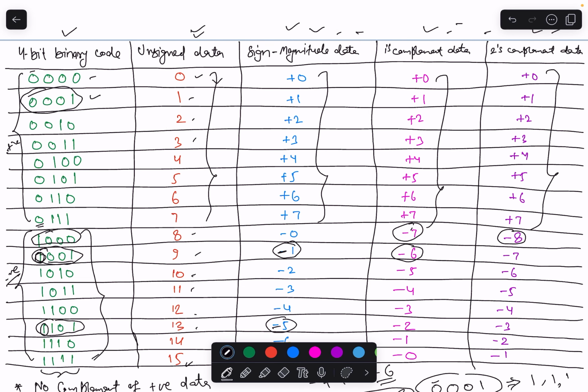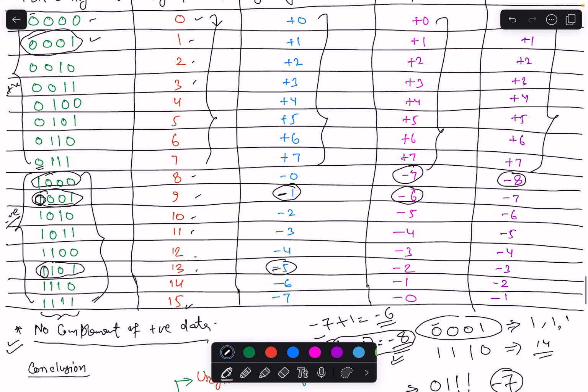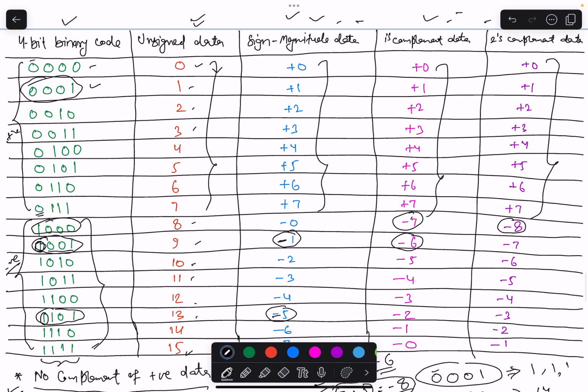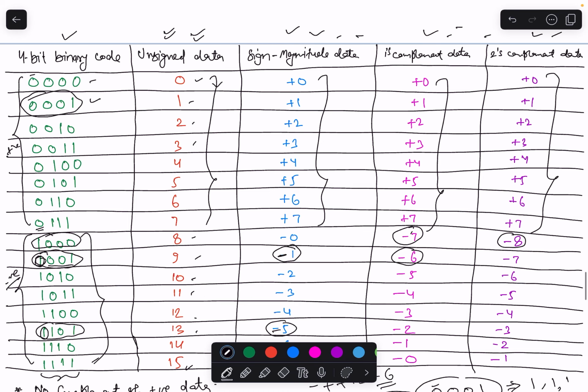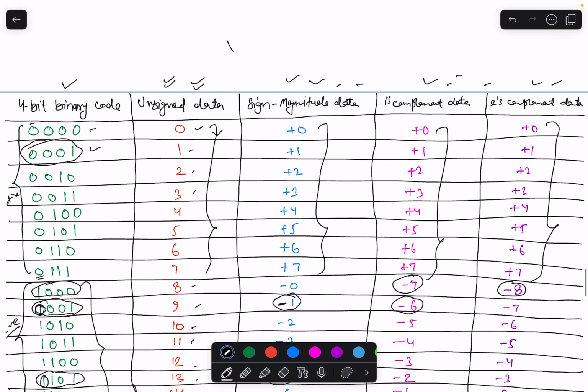We will also see some examples, but there are two interesting things here in the signed data. For 4-bit data, we can represent a maximum of 16 numbers. We know that, right? 2 to the power 4 is equal to 16.